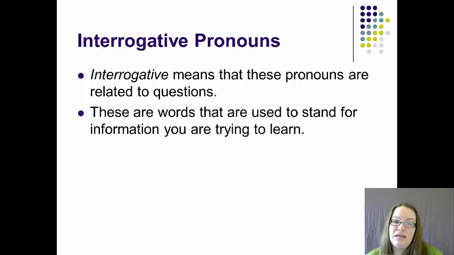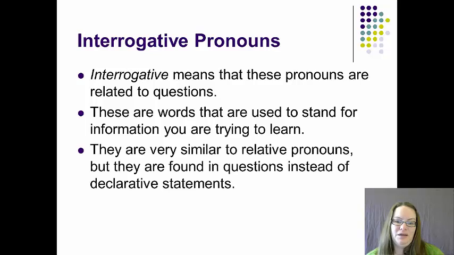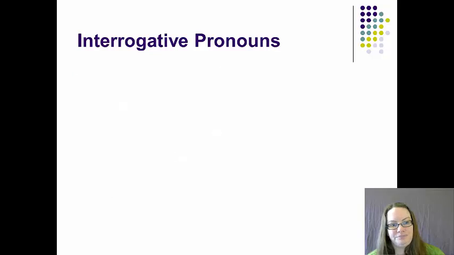So when I said, or what bit the little girl, I'm trying to learn about the dog. So I'm questioning with the word what to try to find out about the girl and who or what bit her. Okay? They're very similar to relative pronouns, but they're found in questions instead of declarative statements.